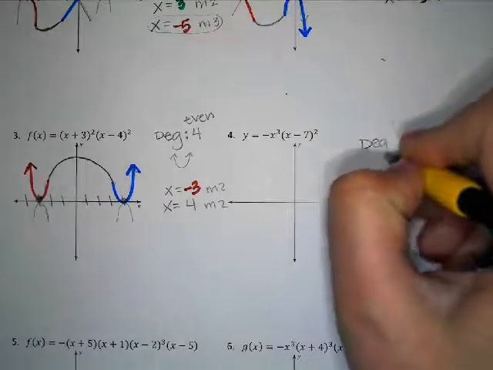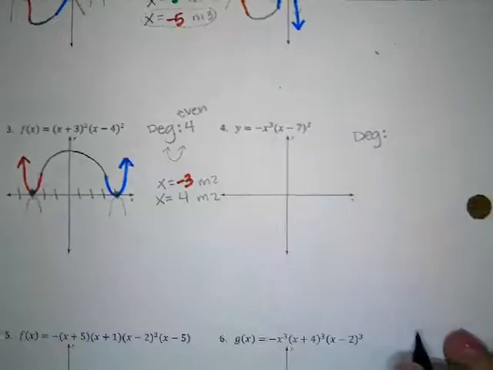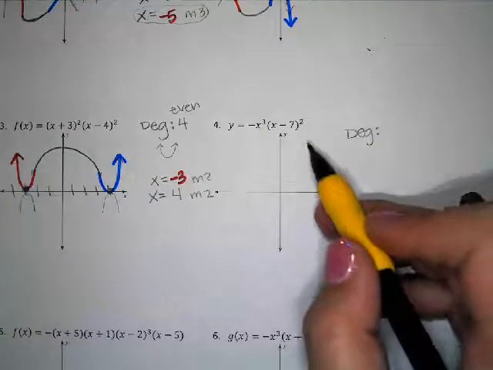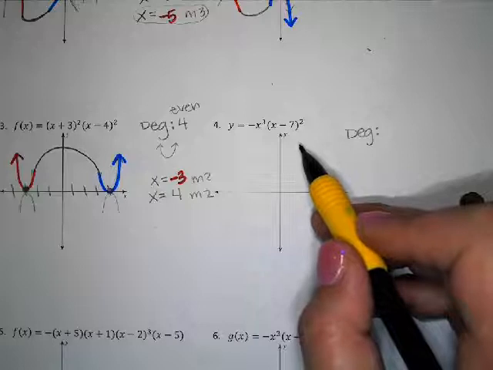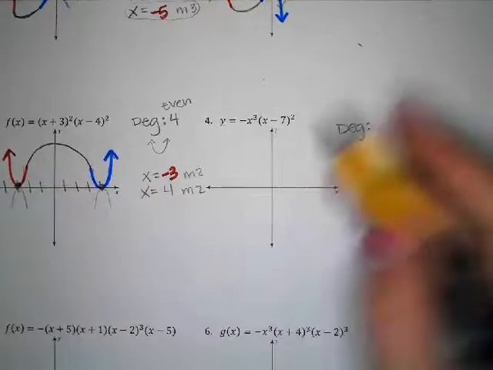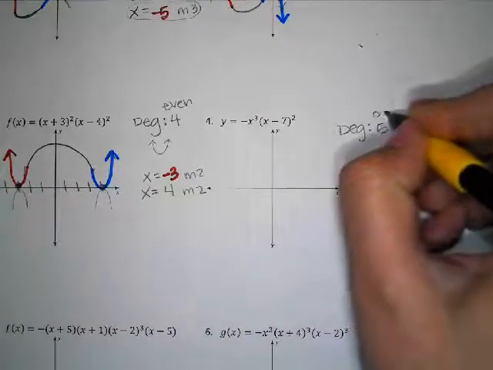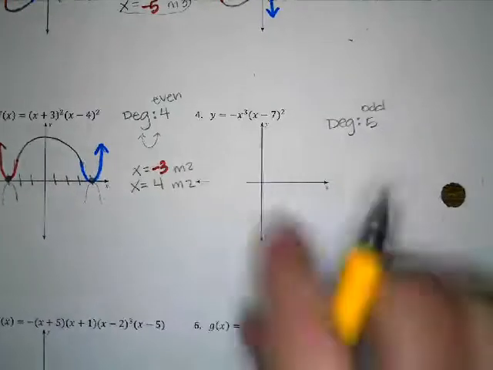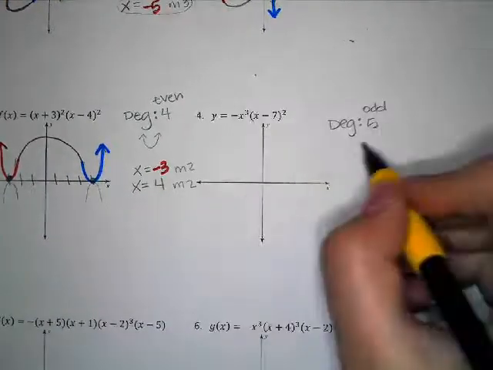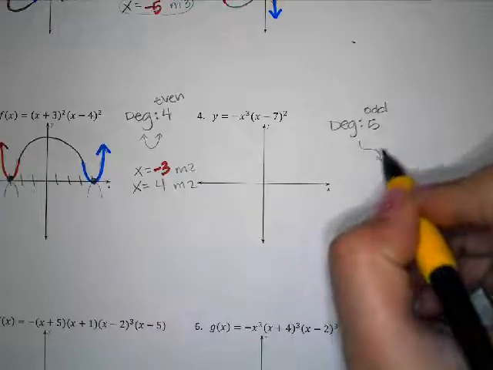What's the degree for number 4? 5. Okay, that's an odd number. We have a negative in the front. We have 2 x-intercepts. What are the x-intercepts?